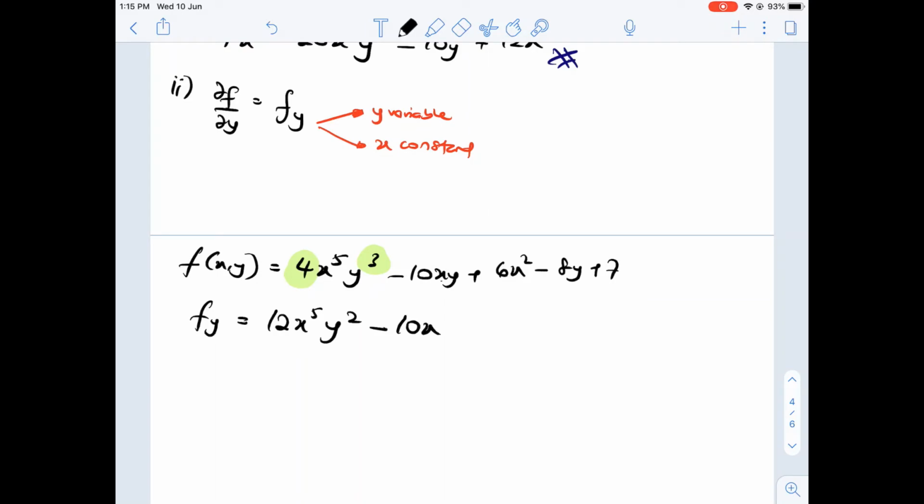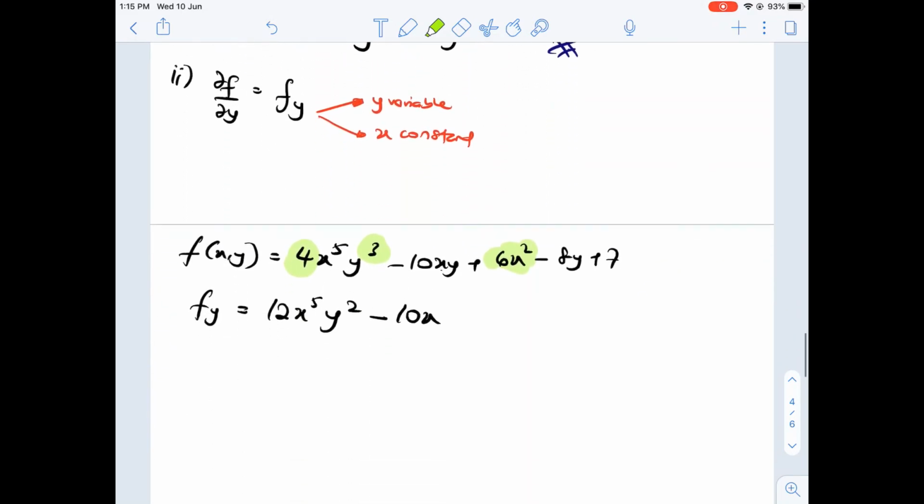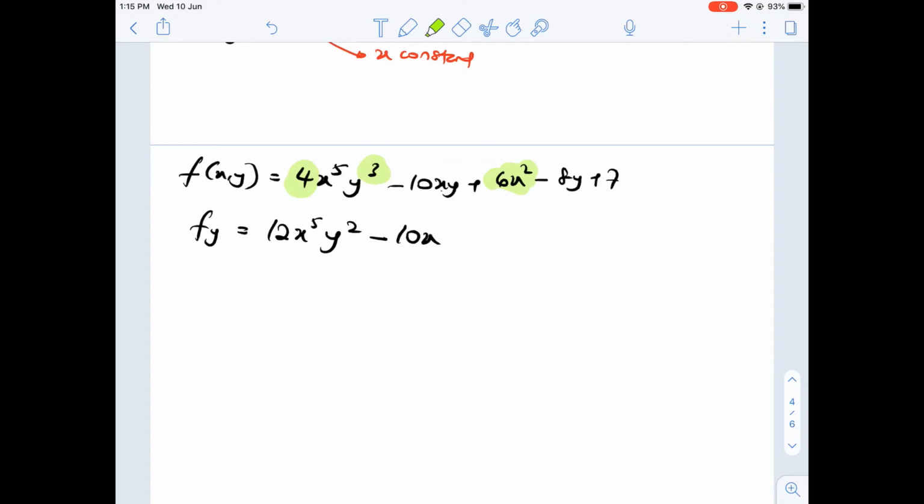Now this 6x squared. Since we differentiate with respect to y, x becomes a constant. So you just assume that 6x squared is just like a number, let's say 10. If we differentiate 6x squared with respect to y, we just get 0.